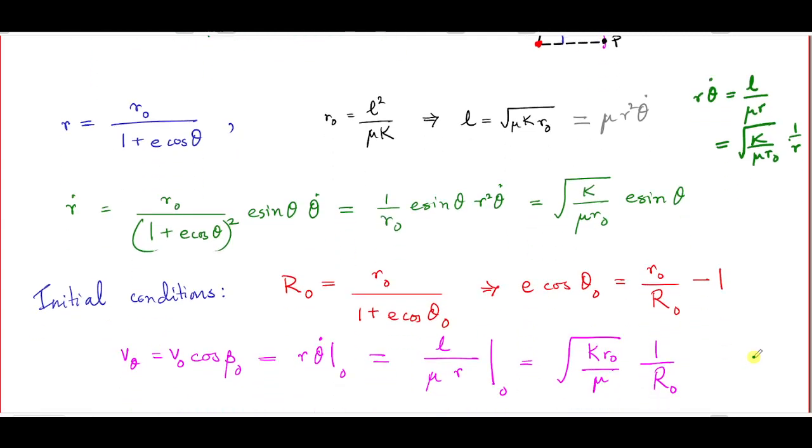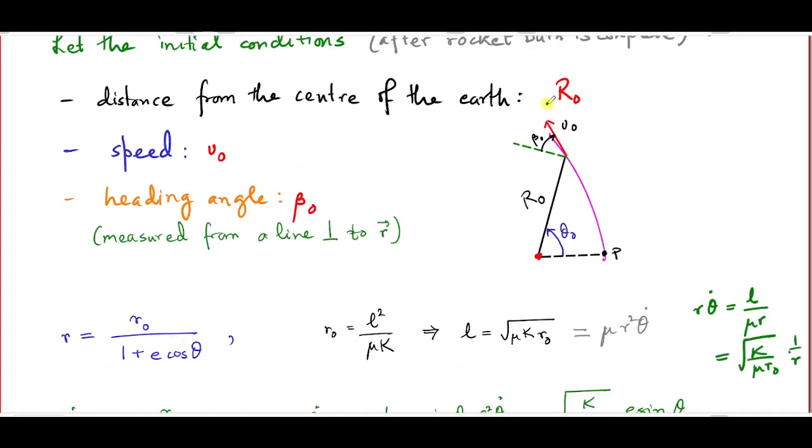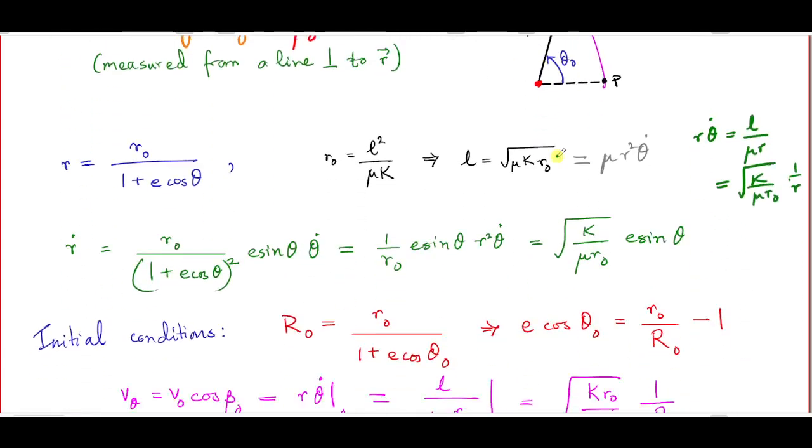Now, the other initial condition, the cross-radial component of the initial velocity v theta, is nothing but v0 times cosine beta 0. Note v0 is the speed in this direction. Beta 0 is the angle which the velocity makes with the cross-radial direction. So the cross-radial component, of course, is v0 cosine beta 0. And the radial component is v0 sine beta 0.